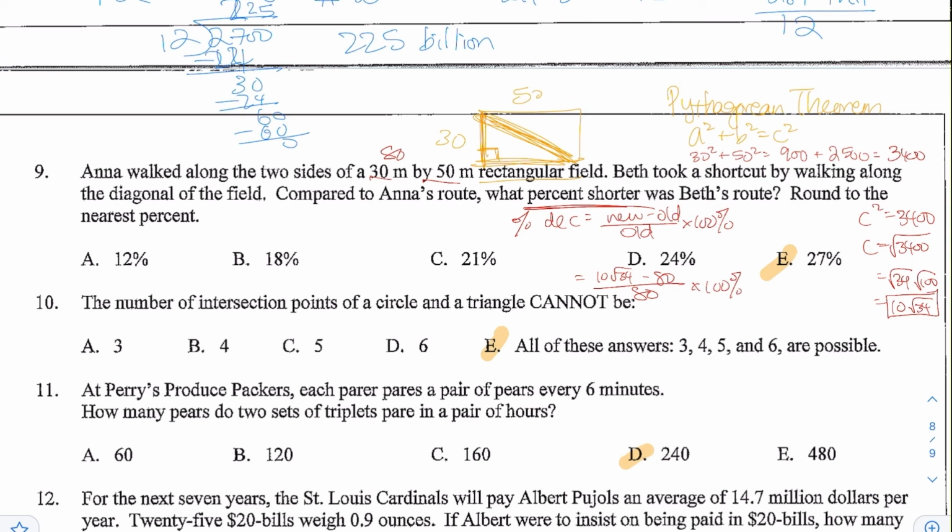So here, 10 times the square root of 34. You can do the square root of 34 first, which is equal to about 5.83, times 10 will be about 58.31. So if you take this and subtract 80, and then divide by 80 and times 100%, this will be about 27%, which is choice E.